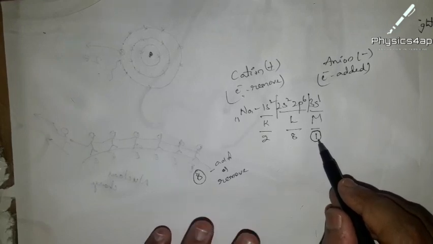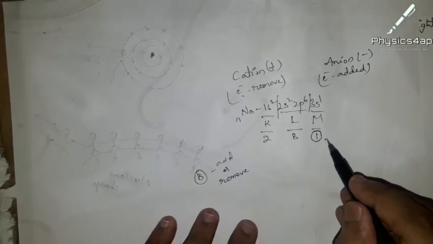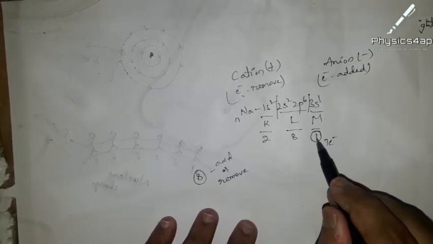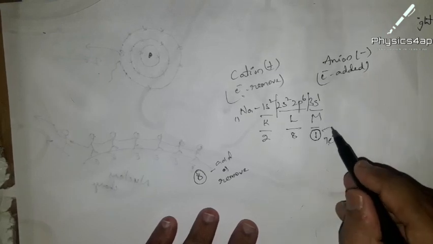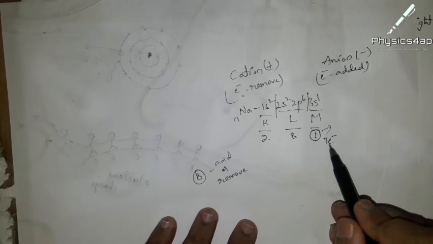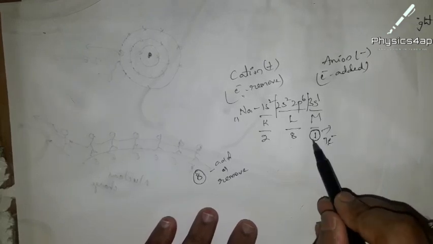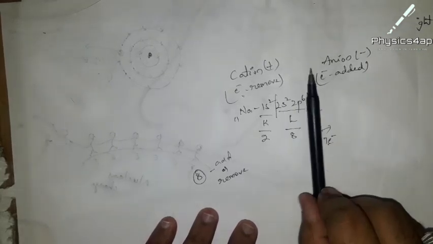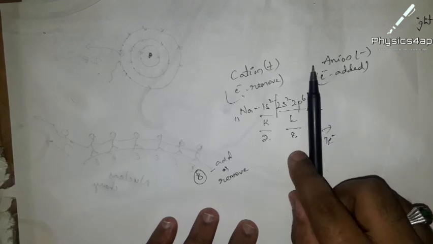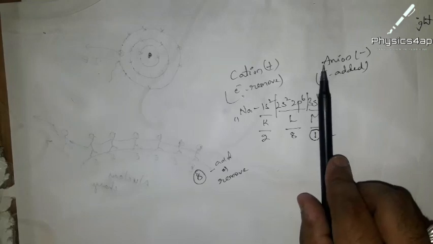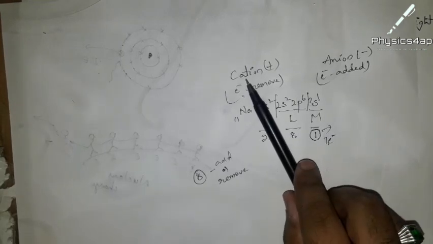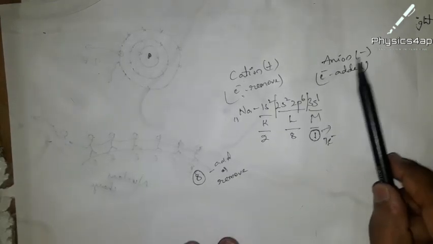If we add 7 electrons we get 8, but removing 1 electron is easier than adding 7. When we remove this electron, we get 2 and 8, so the outermost orbit has 8 electrons. By removing 1 electron we get a cation, and by adding an electron we get an anion.